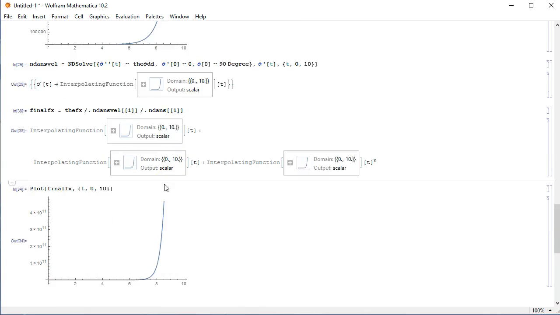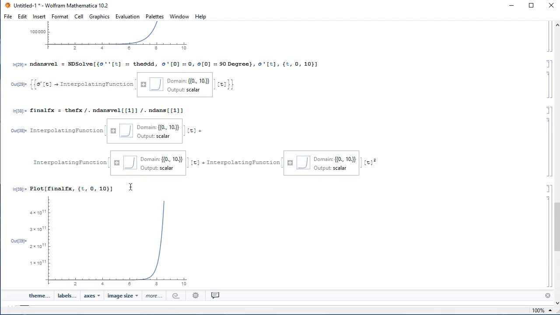Now you want to plot it, see what it looks like. The way you plot it is you say plot the final fx from time equals 0 to 10. And kabam, there you go. Now again, yours is not going to look like this, because mine has the force going up to 10 to the 11. Give me a break.